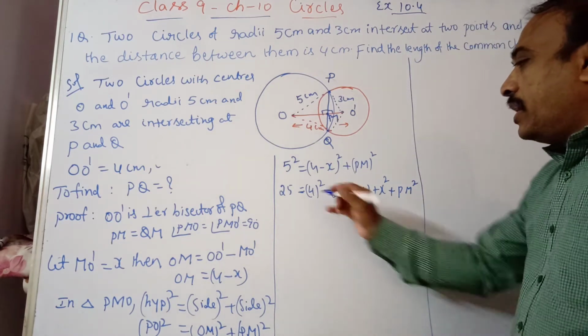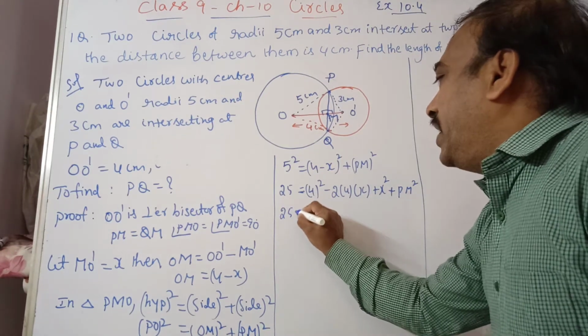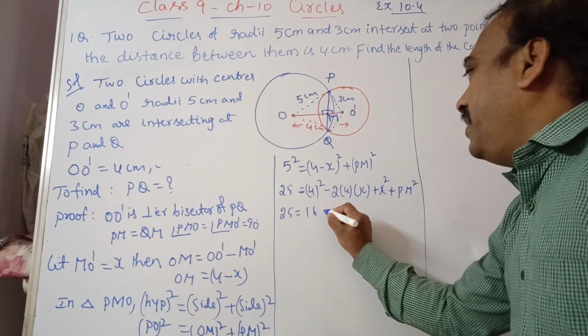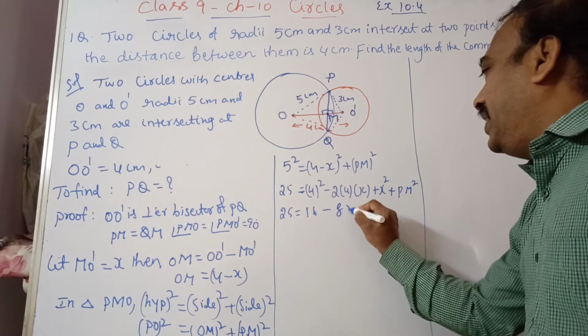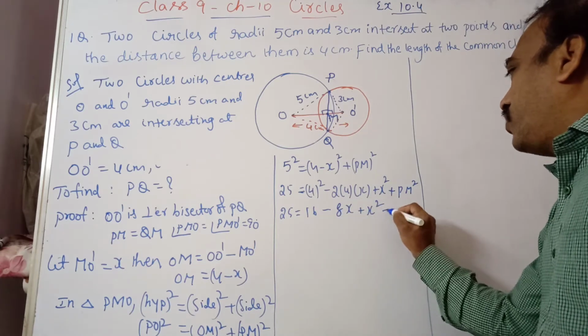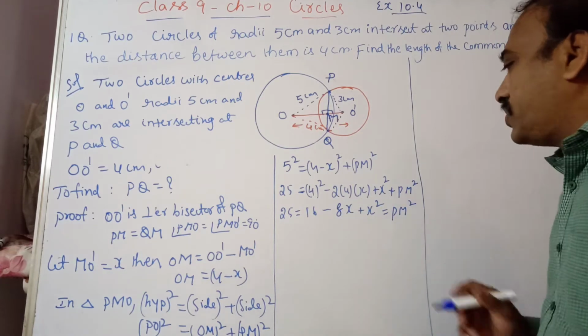Observe it. Now 25 is equal to 4 square, 16, minus 2 fours are 8 into x, plus x square, plus PM square.